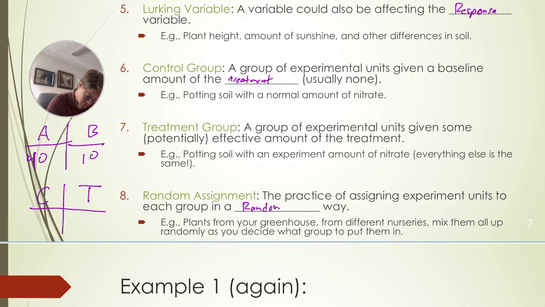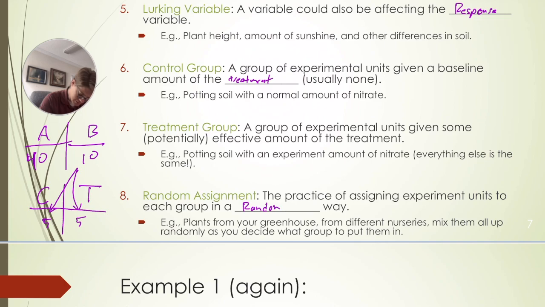And what you could do in a stratified way is take 5 from nursery B, randomly selected, and then the remaining 5 from nursery A. From nursery B to the treatment group, and then you could randomly assign 20 from nursery A and 20 from nursery B, and randomly assign it that way.